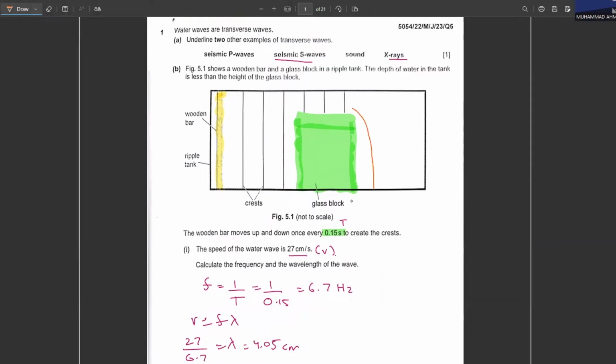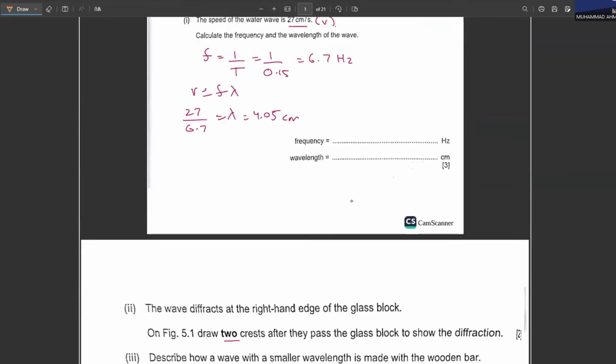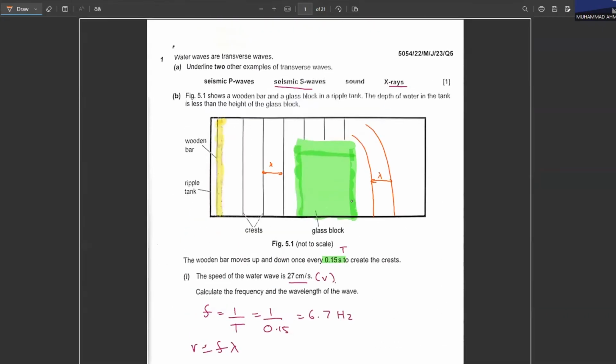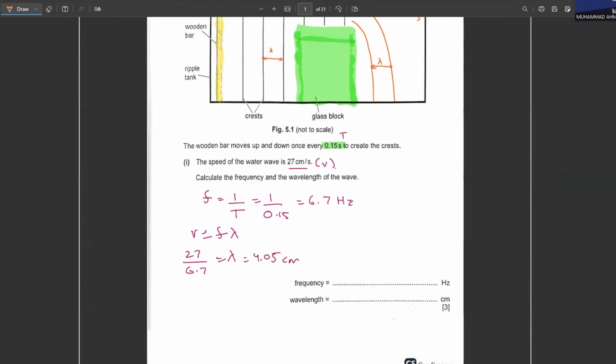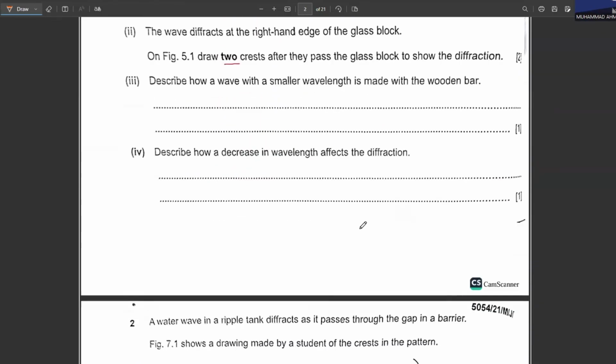So whenever waves diffract around an edge, you make circles like this and you make sure that this lambda wavelength is equal to this lambda. The wavelength remains same. Okay, let's further move ahead. And if you want to see a better diagram for this, I have attached a diagram in the notes as well, in the previous lecture's notes, you can view that.